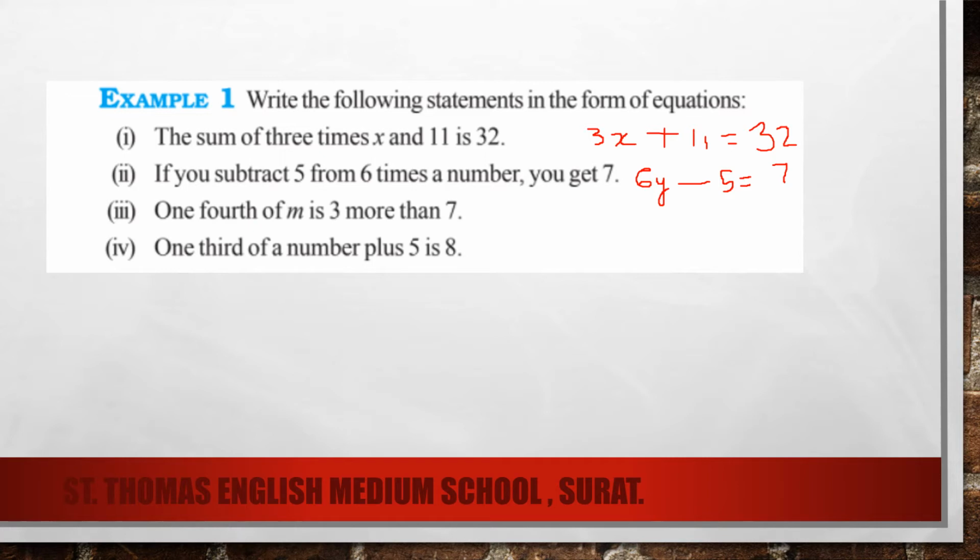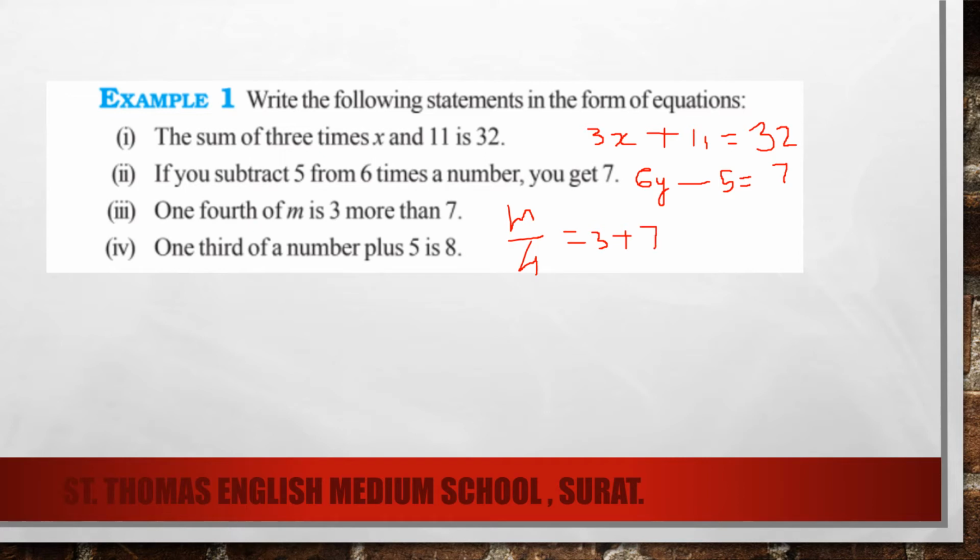1/4 of m is 3 more than 7. What is the meaning of 1/4 of m? 1 by 4, and of means multiplication. So 1/4 multiplied by m means m by 4. Is 3 more than 7. 3 more than 7 means 3 plus 7.